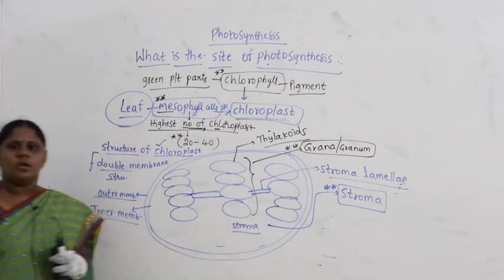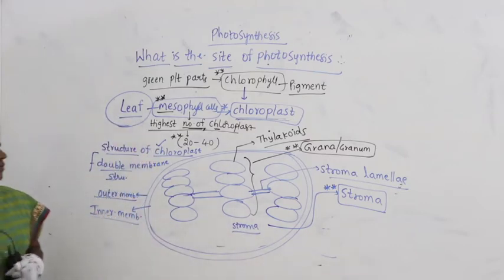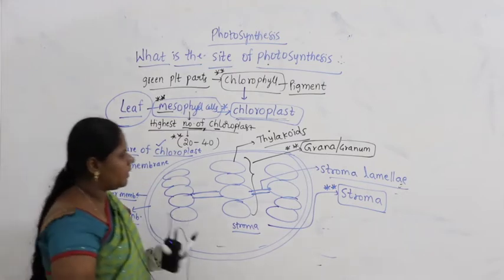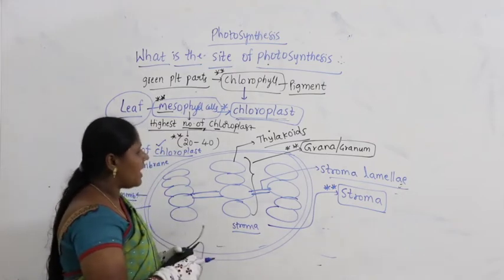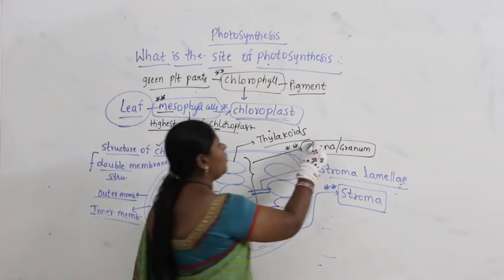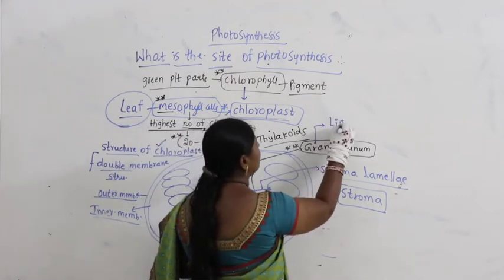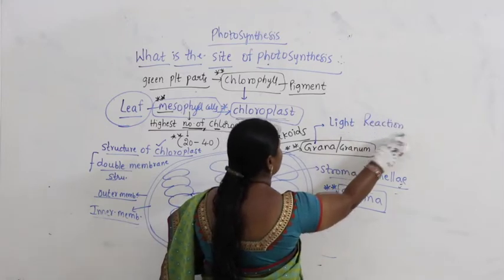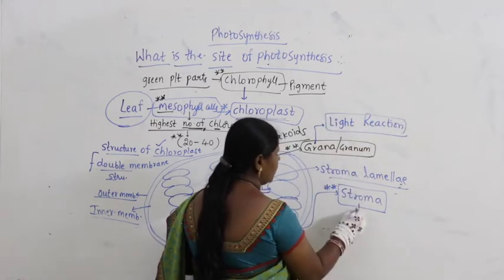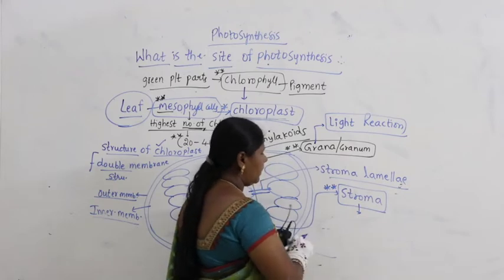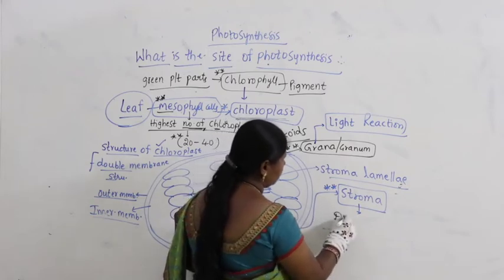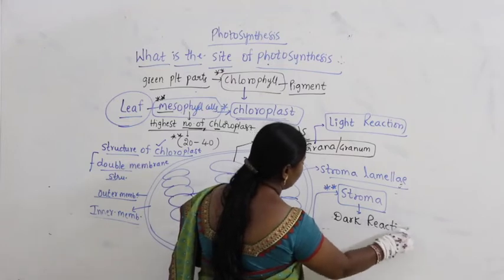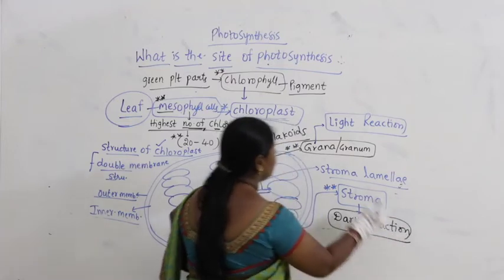Now apart from this, what else do you find? First of all, let me tell you very clearly, grana is the place where the light reaction occurs, and stroma is the place where the dark reaction occurs.